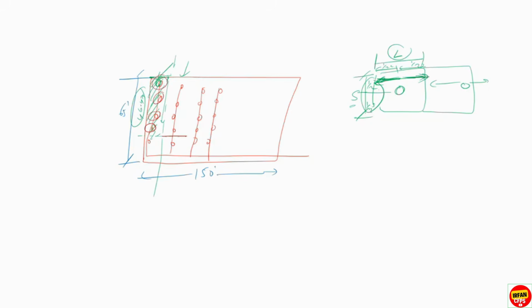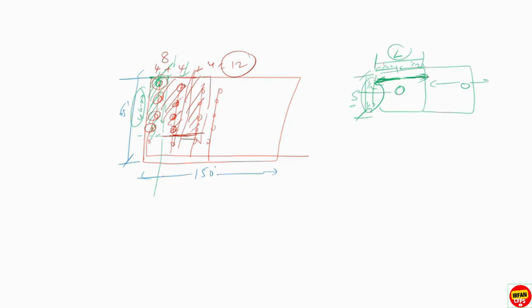Now extend this line till this half. So you got 4 more sprinklers. This area is also covered. So total 8 sprinklers, 4 plus 4. Again, you extend this to half. Again, 4 sprinklers. So total 12 sprinklers. So in this way, you need to consider the design area.